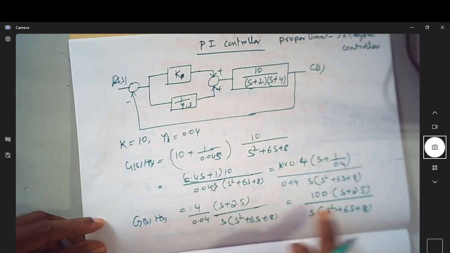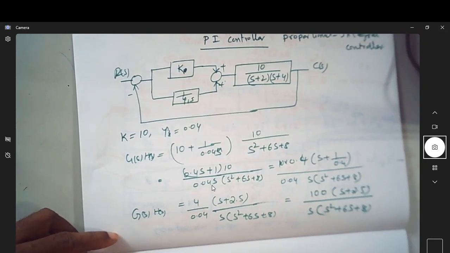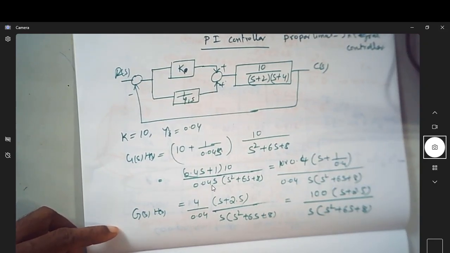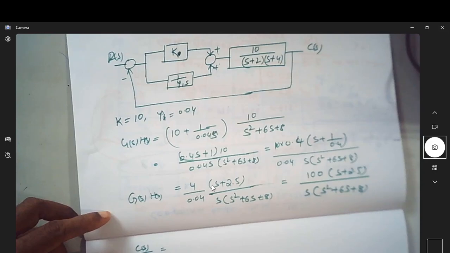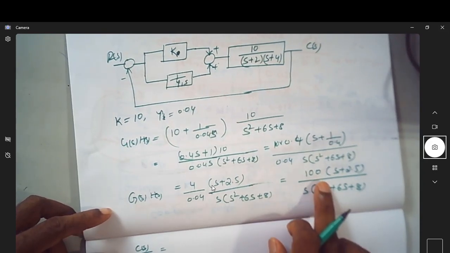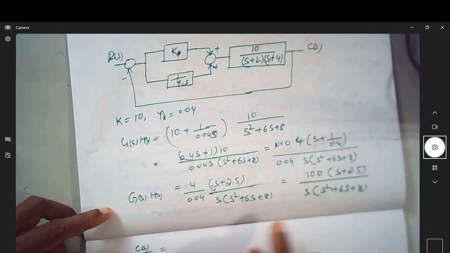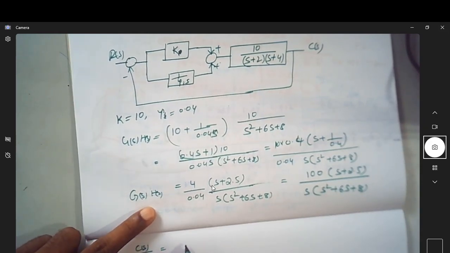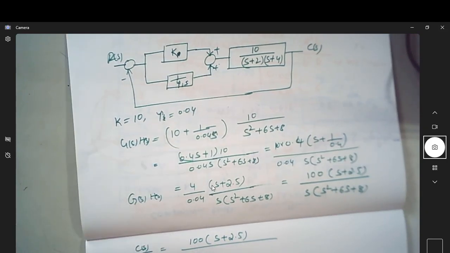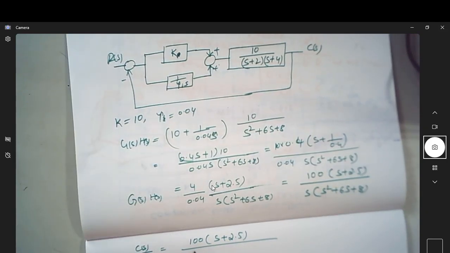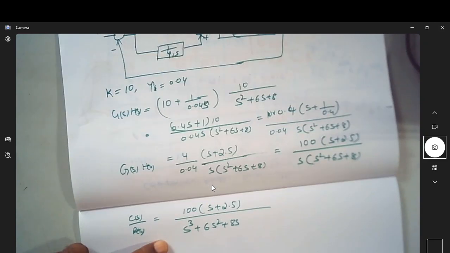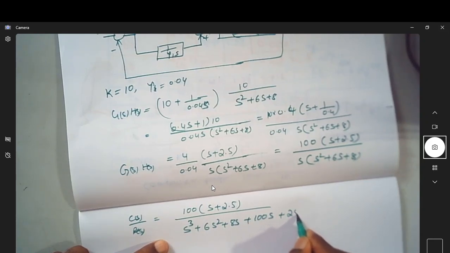Once you have this as g of s into h of s, I want to find c of s by r of s. From this g of s h of s, with h of s as 1, c of s by r of s will become 100 into s plus 2.5 divided by s cube plus 6s square plus 8s plus 100s plus 250.